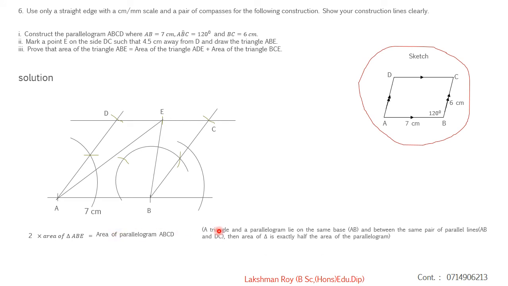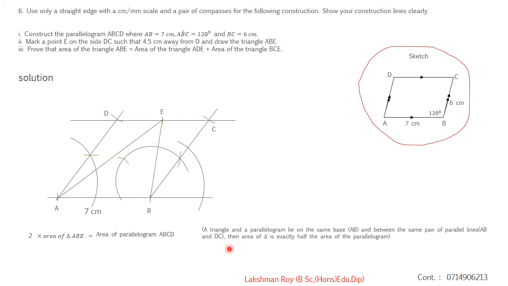What is the theorem? A triangle and a parallelogram lie on the same base. Now see what is the same base. Both ABE triangle and ABCD parallelogram are on AB base, so that is the same base, and between the same pair of parallel lines. What are the pair of parallel lines? AB and DC.